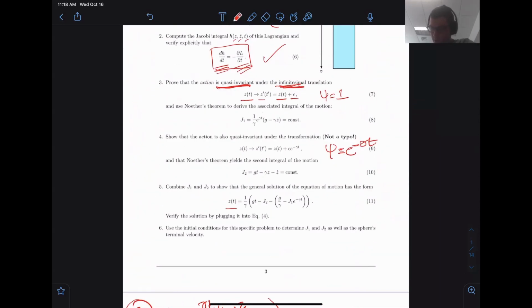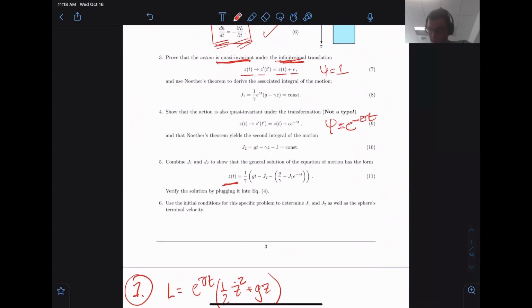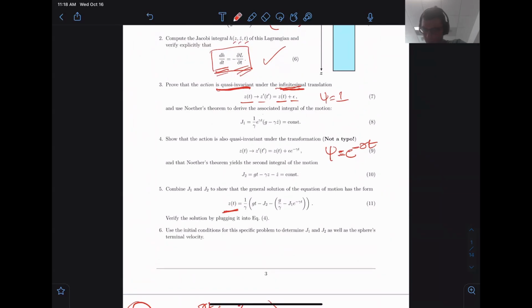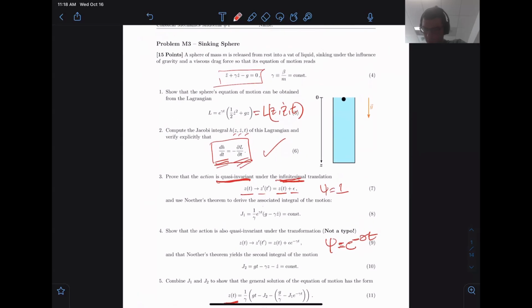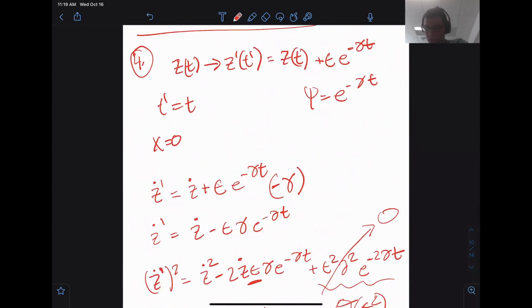And now what are we doing? Solving for z. And then once we've solved for z, we're going to plug z back into the equation of motion and just verify that that's the correct solution.